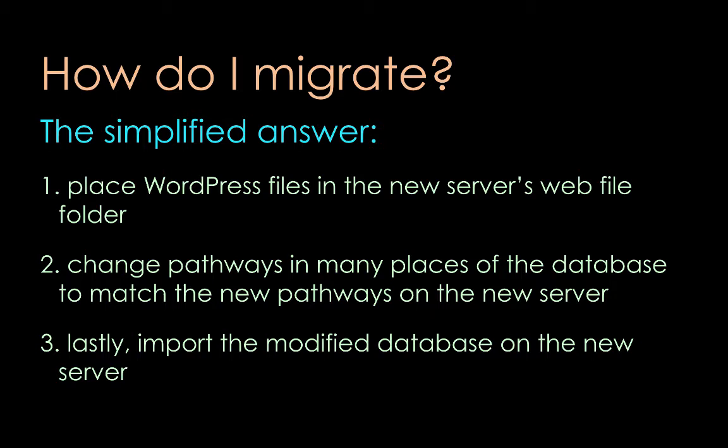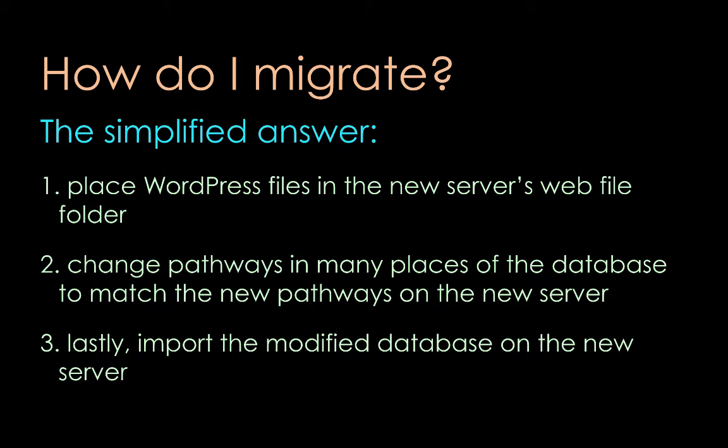The way that I typically like to do it, because I have the fewest number of problems doing it this way, is I will download the WordPress files to back them up, and then I'll place those files in the new server's web file folder. And then before I import the database into the new server, I'll go through that database as a text file, and I'll change all the pathways in many places of the database to match the new pathways for the new server.